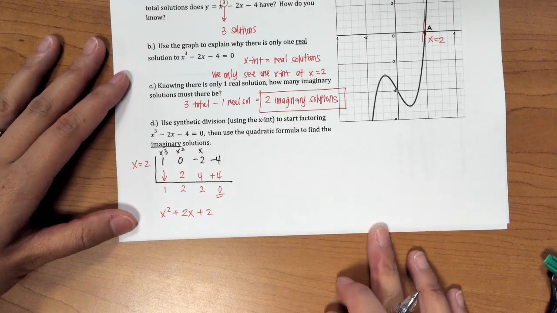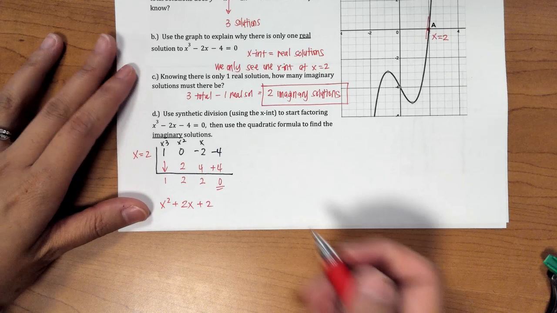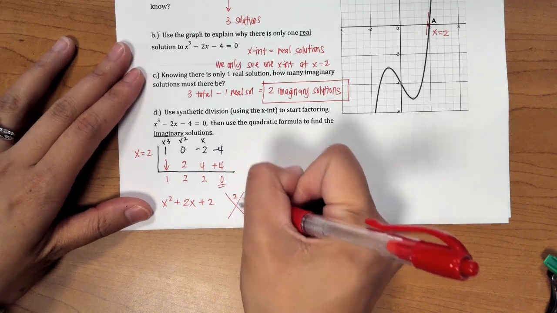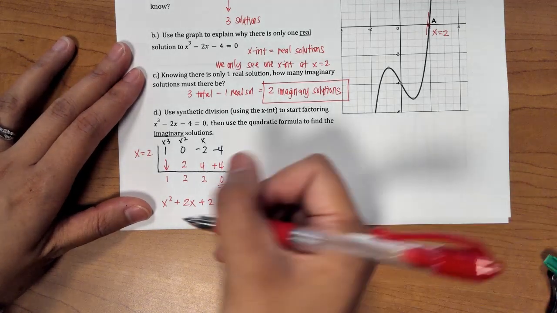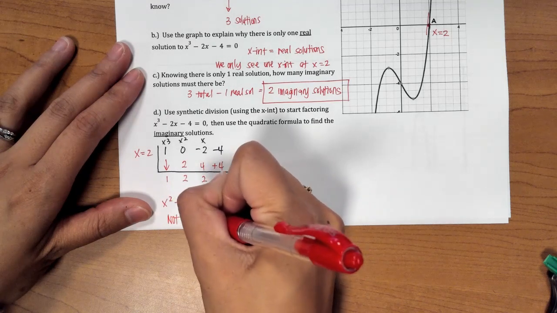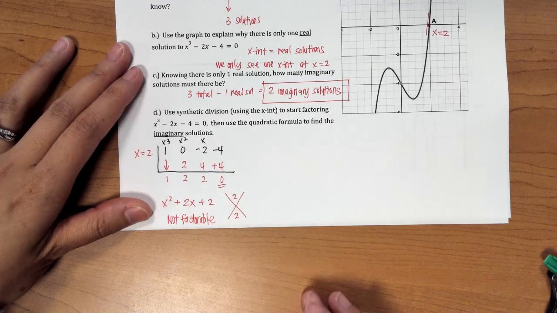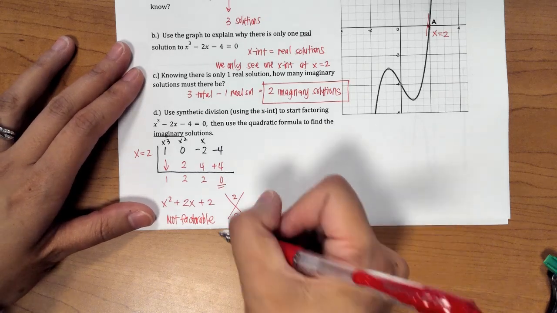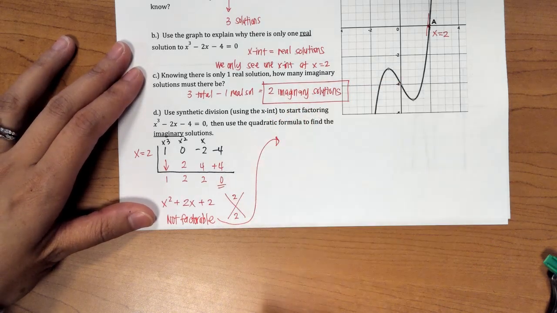Okay, you should always try factoring if possible, but we know that there's no number that multiplies to 2 and adds to 2, so this is not factorable. Not factorable does not mean you're done. Once again, it means that you need to use the quadratic formula.